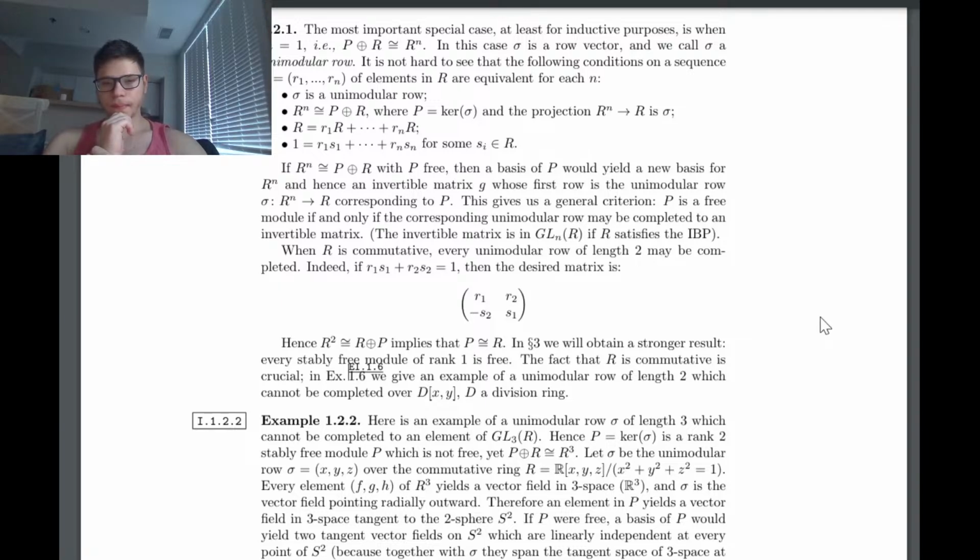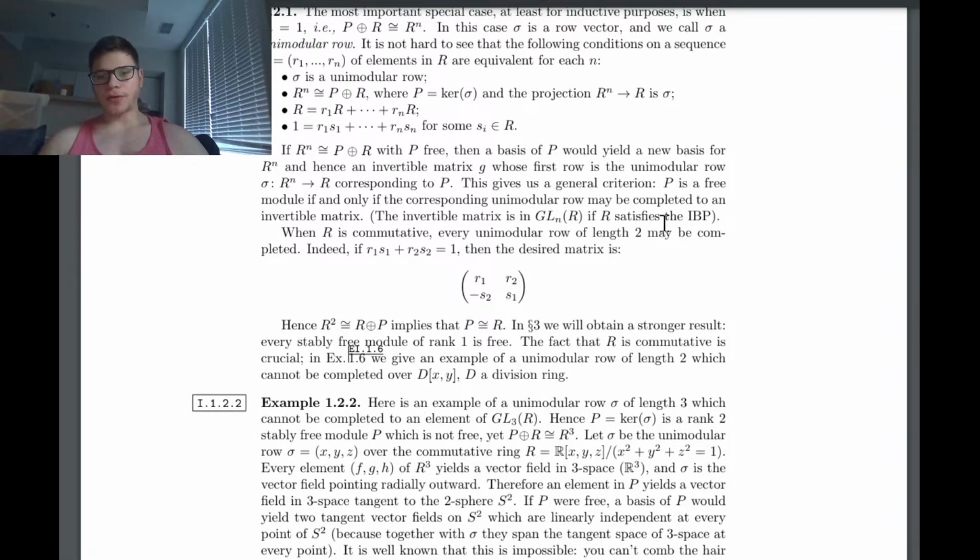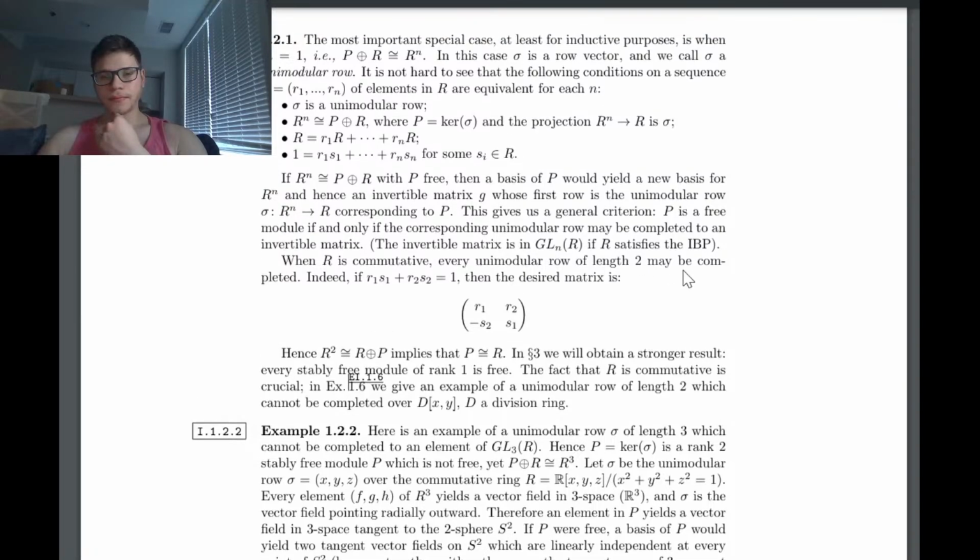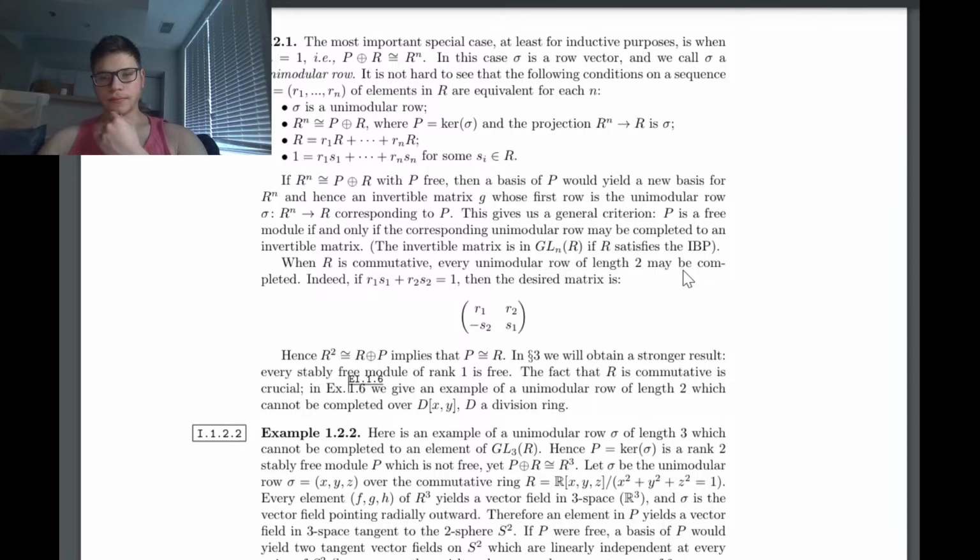So the kernel of this thing is all the elements that... Okay. I'm not sure why this gives a new basis for Rn, whose first row is the unimodular row. I'm not sure why this being the representing vector implies that.